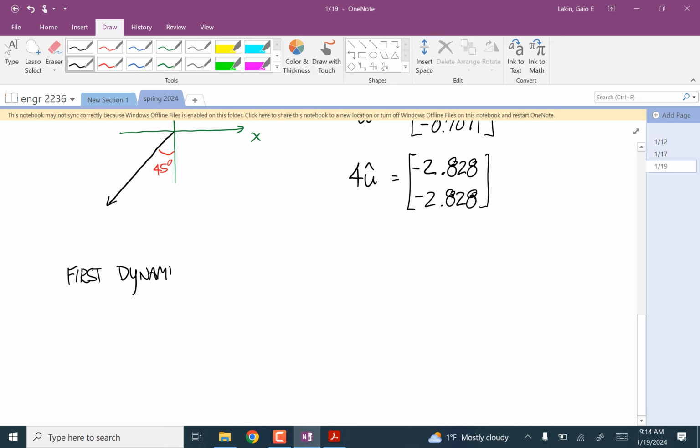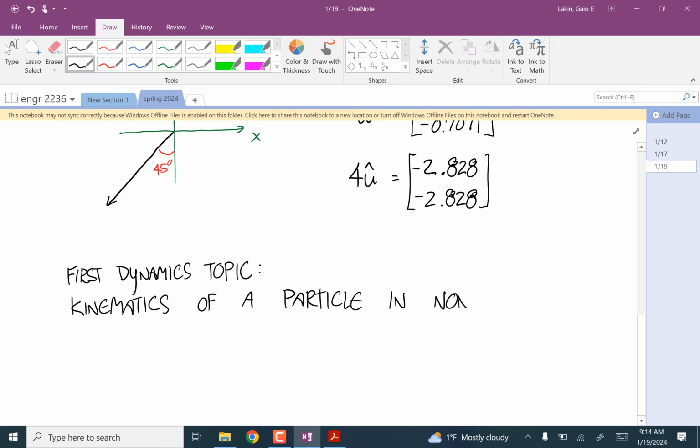So the first dynamics topic is kinematics of a particle in a non-rotating coordinate system.